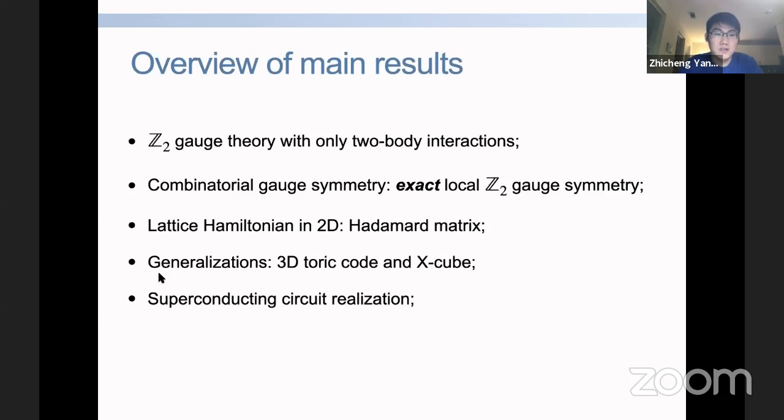We also generalize our constructions to other gauge theories, for example, the 3D toric code and also the X-cube model, which is known for fractonic topological order. And eventually, I will briefly mention recent progress on a superconducting circuit realization of this combinatorial gauge symmetry for Z2 gauge theory.